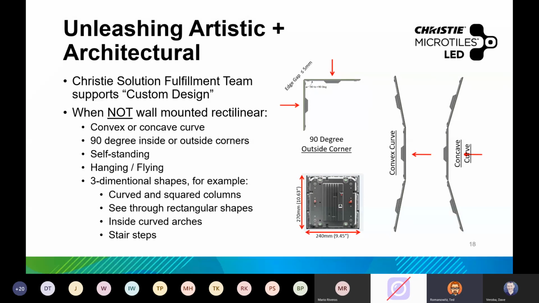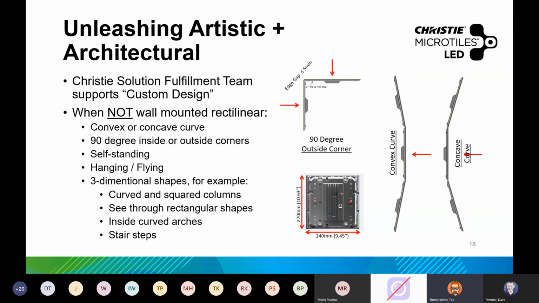So what we recommend for a seamless, smooth arcing curve is 3 degrees or a maximum of 5. Somewhere in that range gives you a perfectly seamless curve. And that's important, right? Because that's why you pay more for an LED wall. And again, even with 3 to 5 degrees, you can get a nice tight radius.